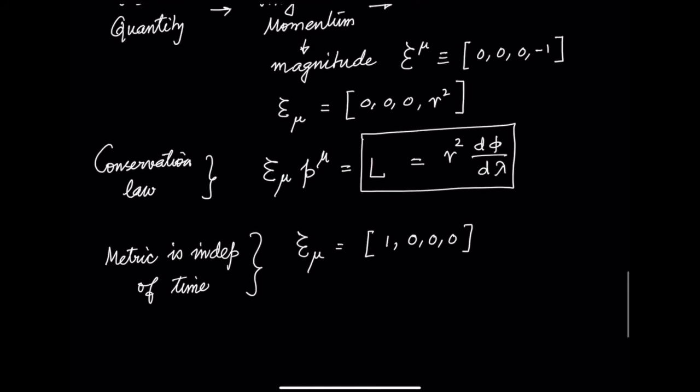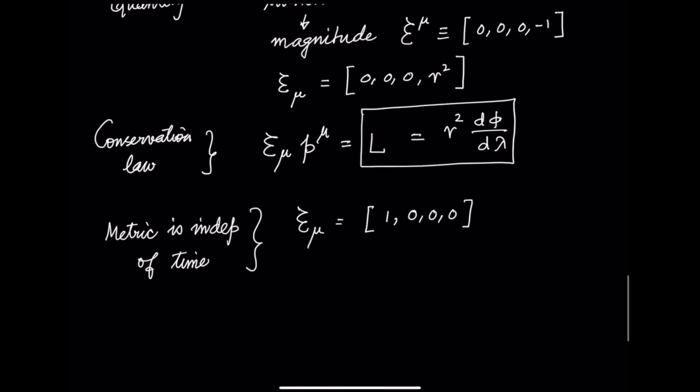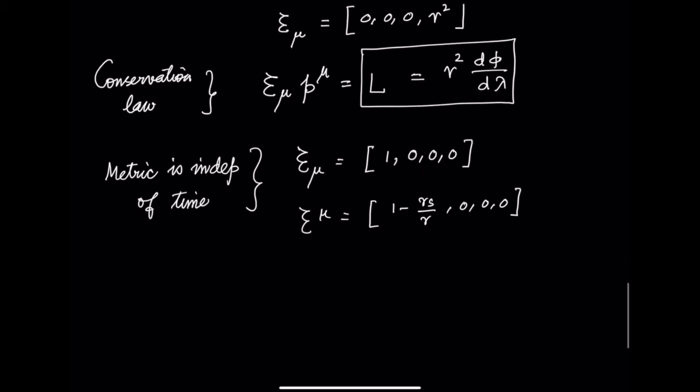Epsilon mu, and epsilon mu upstairs will be 1 minus rs by r, and then the rest of it is 0. So the conserved quantity here, since the metric is independent of time, is supposed to be related to energy, because remember that if your Lagrangian is independent of time, energy is conserved. It's actually a similar thing happening here.